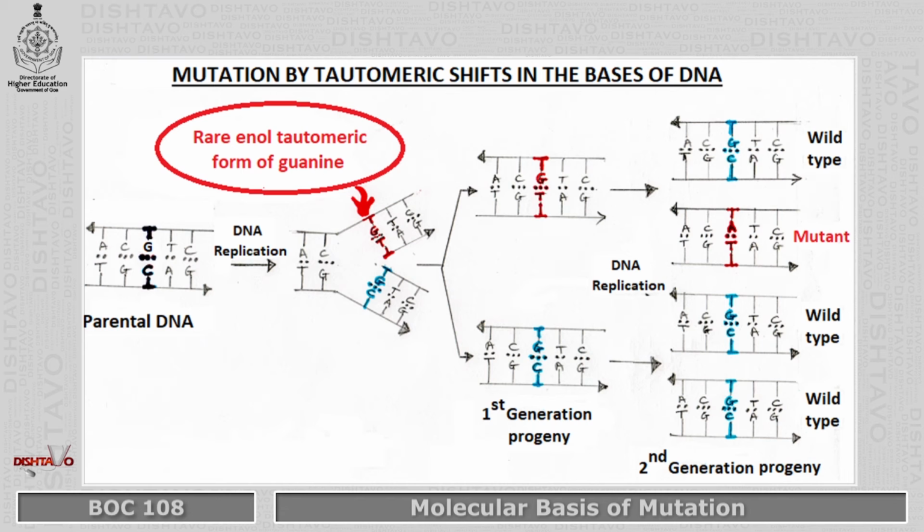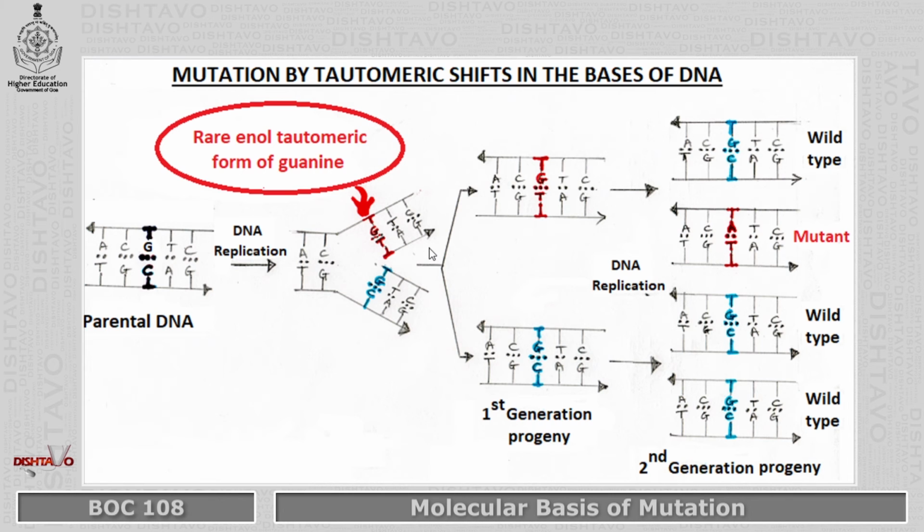The tautomeric shift is not stable, and in the next replication, guanine will go back to its normal state and pair with cytosine, and the thymine which was added in the complementary strand pairs with adenine. This results in a new base pair as compared to the parental DNA, that is an AT base pair instead of a GC base pair.